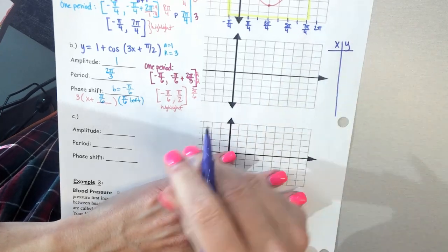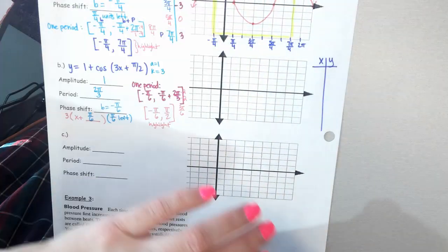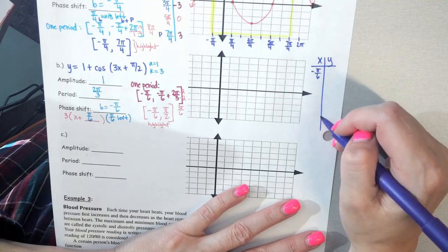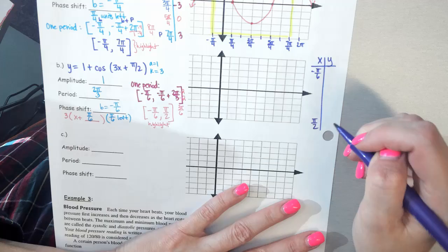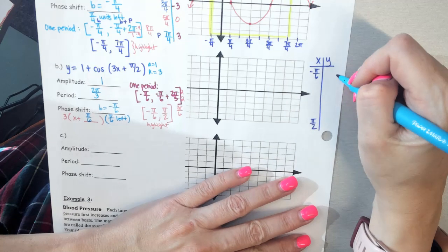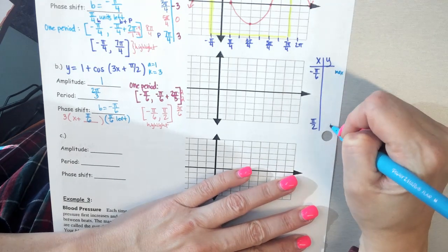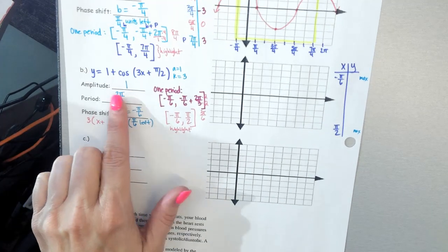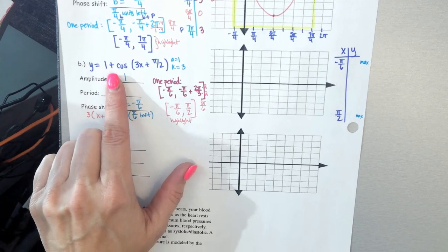All right, so when you're doing your chart, we're going to start at our phase shift value, negative pi over 6. We're going to end at pi over 2. And this is cosine. So for cosine, we start at the max, we end at the max. So look at your amplitude and then look to see if you have any vertical shifts.